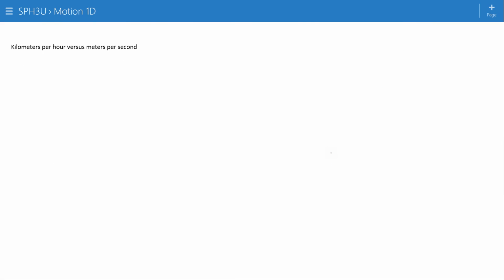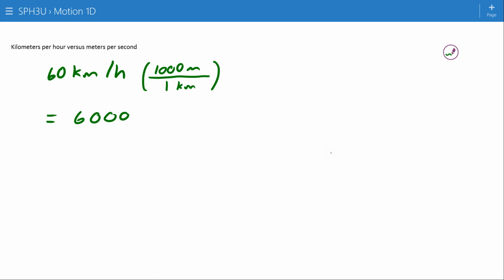Okay, kilometers per hour versus meters per second. So let's say, for example, that you have a number like 60 kilometers per hour. Say a car is traveling down a road or something like that, and you want it in meters per second because you want to use it with other physics equations. If I take that and I recognize that in 1 kilometer there are 1,000 meters, then I can recognize that there are 60,000 meters being traveled in every hour.